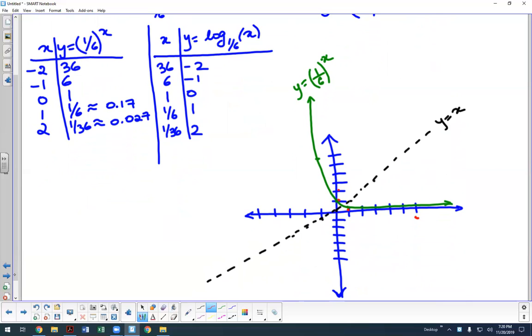At 1/36, we are at +2. So this function will actually, again, from the x-intercept, go up this way, and then this arm will come down this way. And this is our log base 1/6 of x.